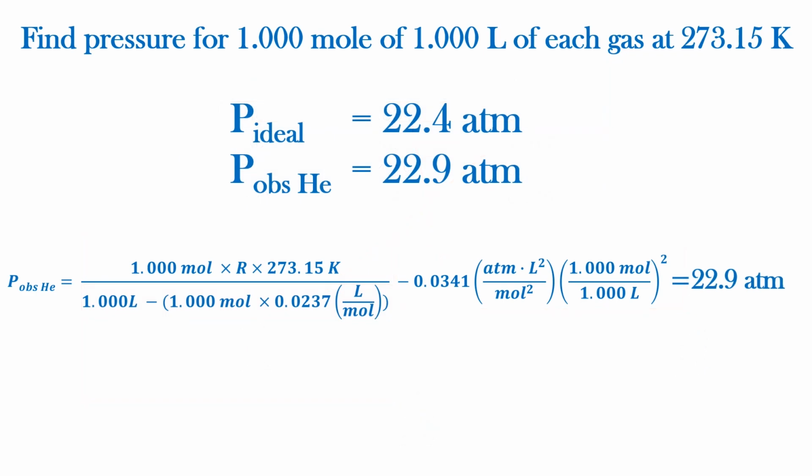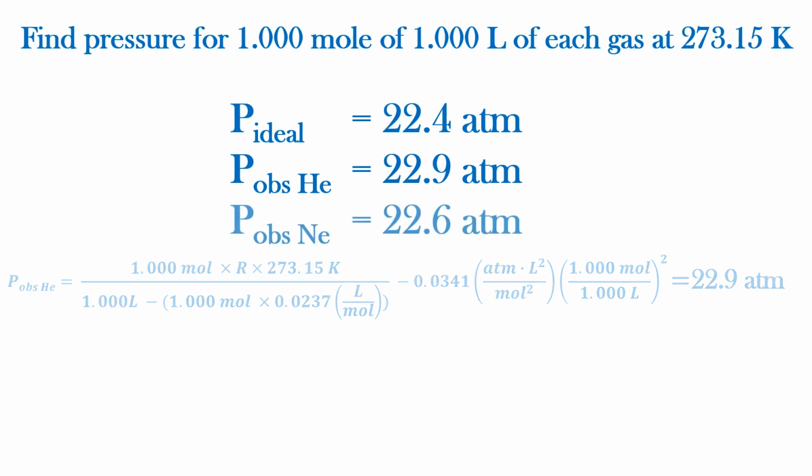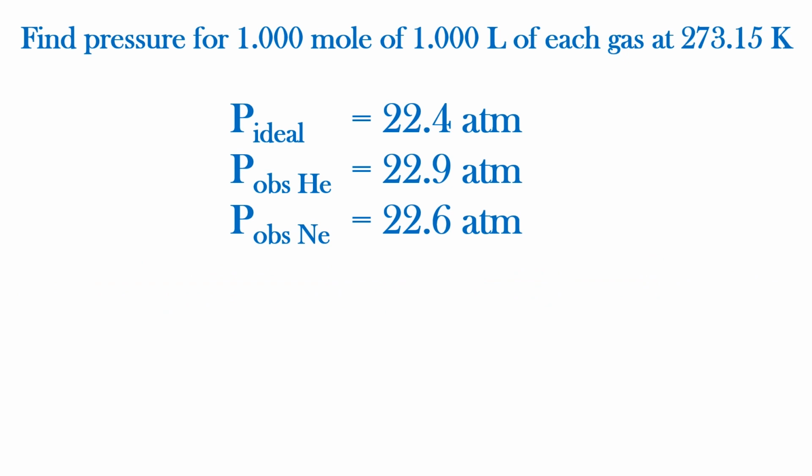Interesting, for helium, the pressure observed from the van der Waals equation is 22.9 atmospheres. Notice the ideal gas law pressure closely resembles the observed pressure. The van der Waals pressure for neon is 22.6 atmospheres. Interestingly, the ideal gas law gives a pressure to within a 2 and 1% error, respectively, for helium and neon.